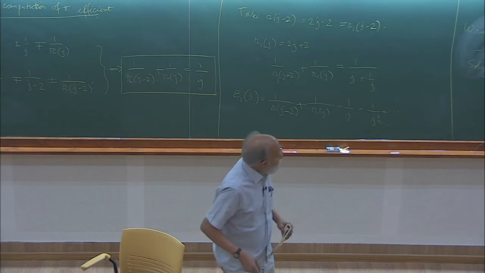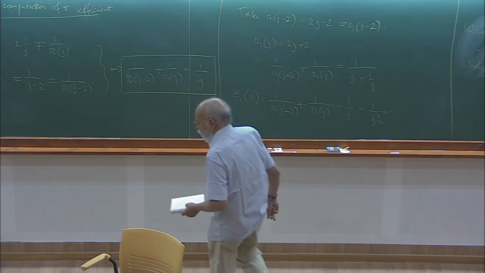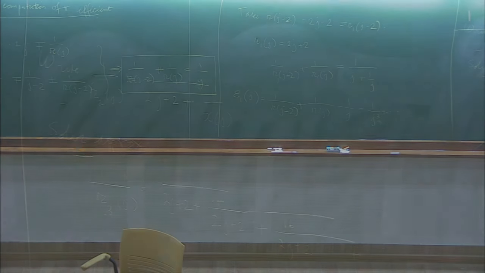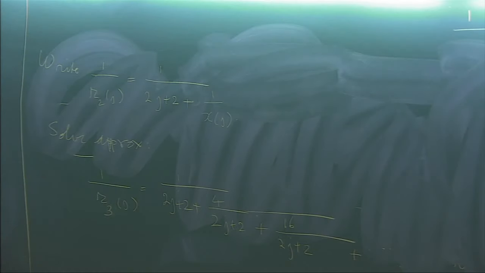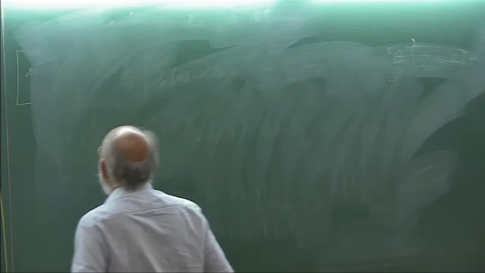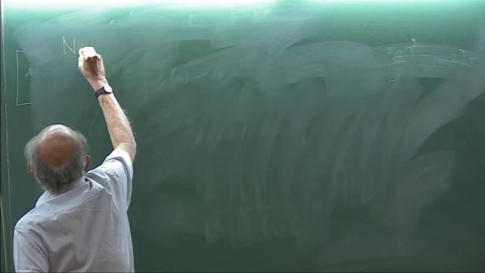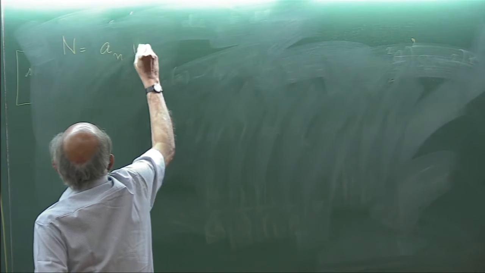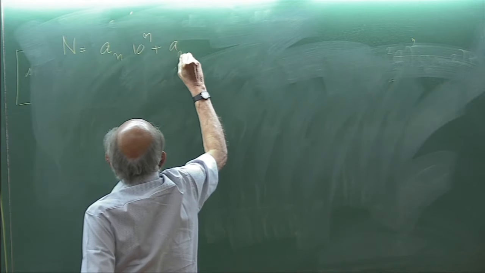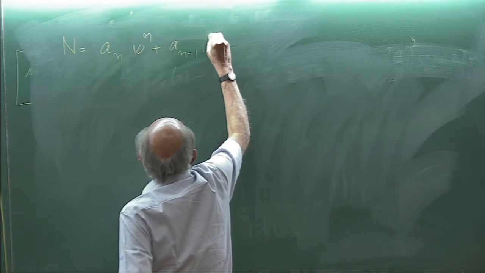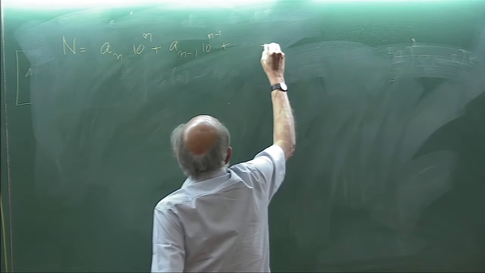The model was decimal numbers. I have a number n, which I express as a_n 10^n plus a_(n-1) 10^(n-1) plus etc. plus a_0.